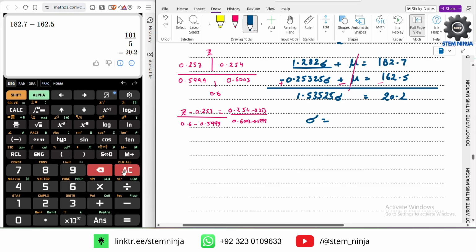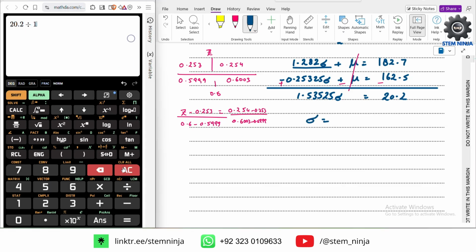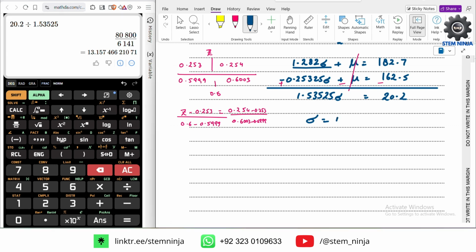Now we need this again, so 20.2 divided by 1.53525. This is 13.157.